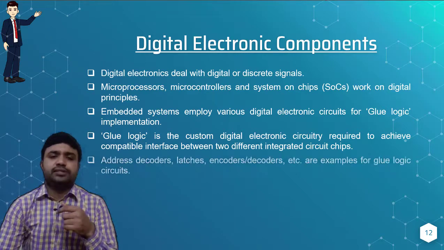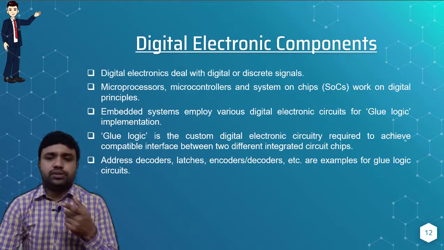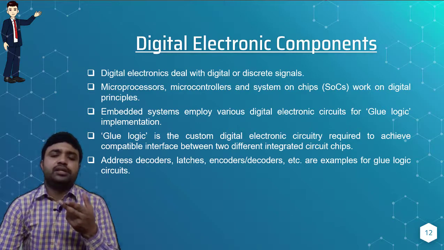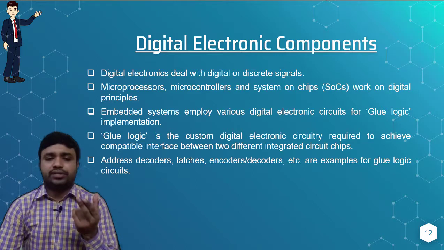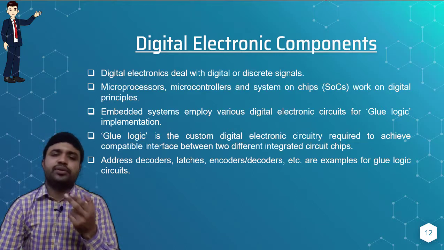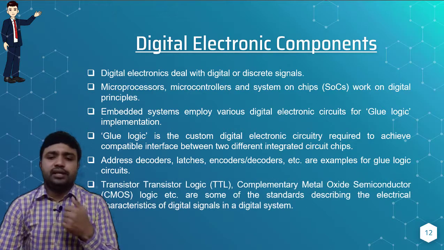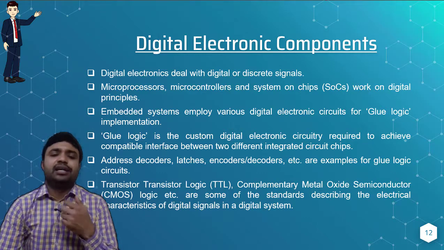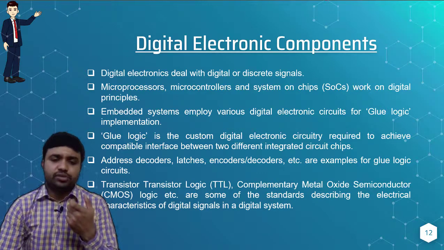Next, some of the examples that make use of glue logic for their implementations are address decoders, latches, encoders or decoders, etc. So these are some of the examples for glue logic circuits. And next are TTL logic, CMOS logic, etc. These are some of the standards describing the electrical characteristics of digital signals in a digital system.